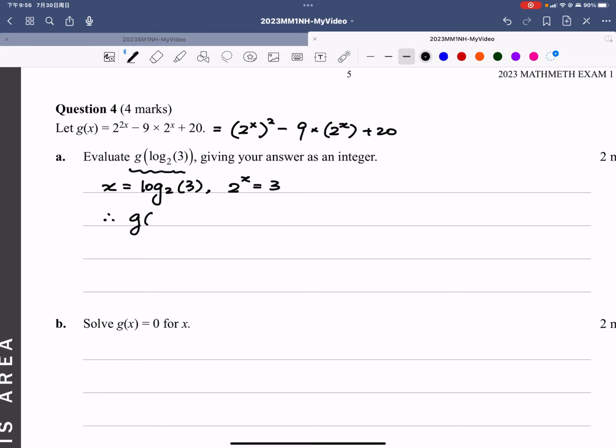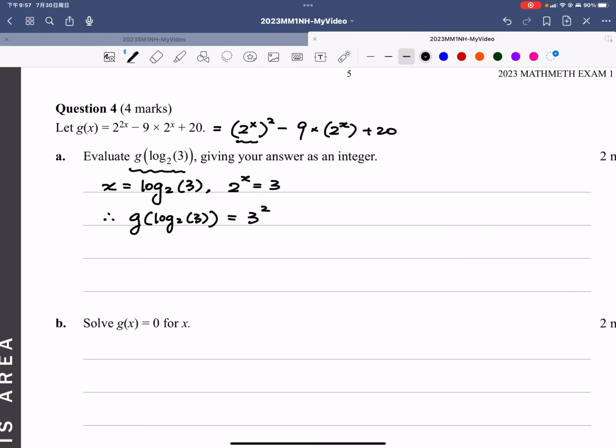Recognize the pattern here, so 2 to the power of x is 3. So 3 squared minus 9 times 3 plus 20 is 9 minus 27 plus 20. So I believe you get minus 18 plus 20. So this is actually 2, okay? Very simple.